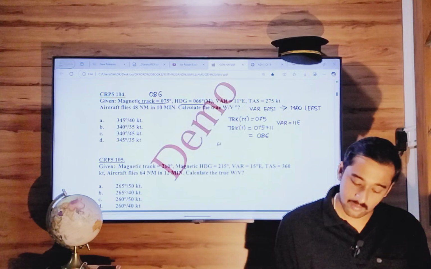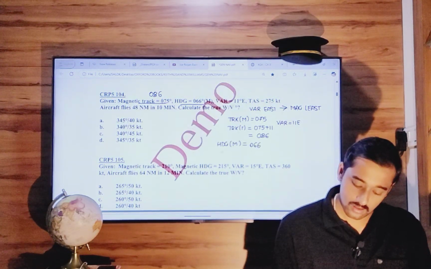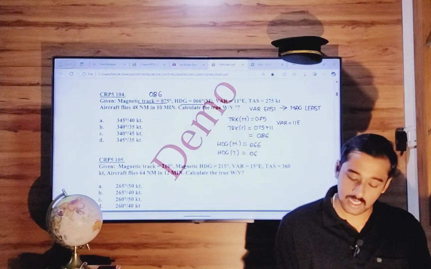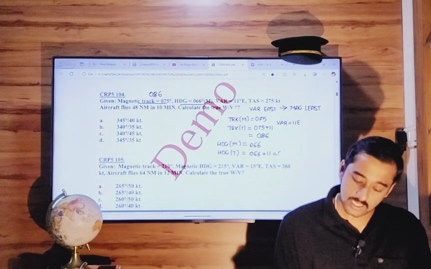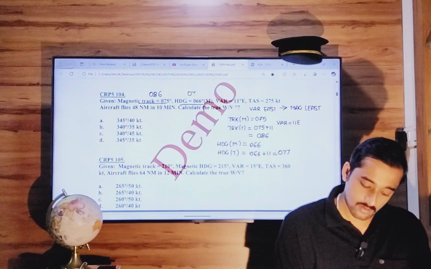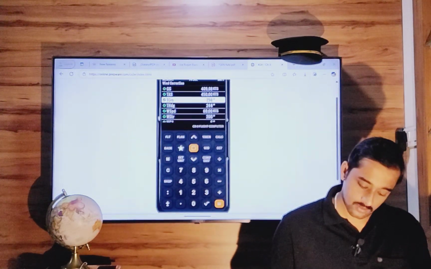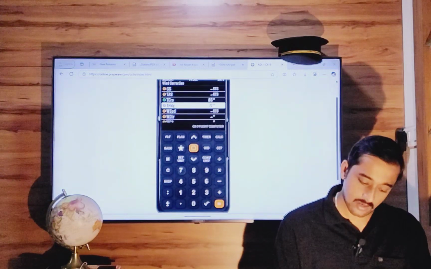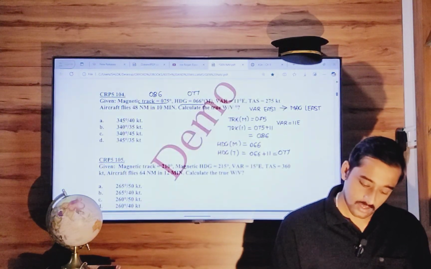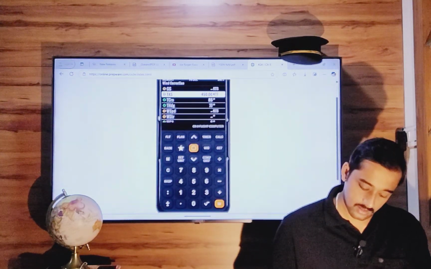Similarly, true heading will be 066 plus 11, 077. So track 086, heading 077.